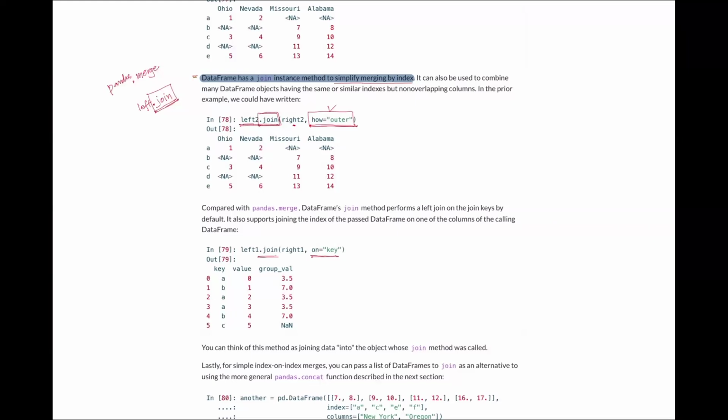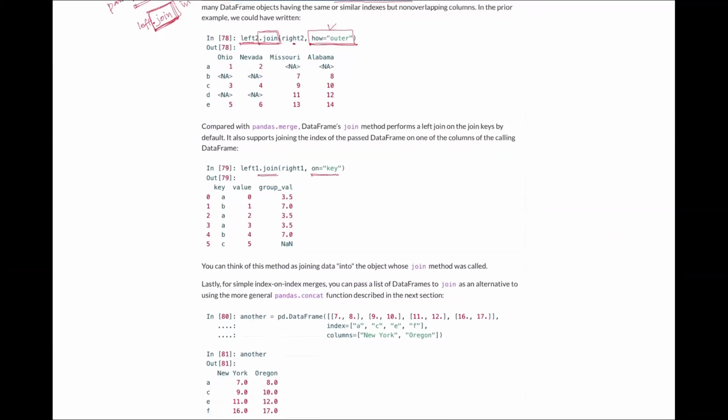So in this case, we can use merge to join the tables, but the join method in Python can also be useful when you think about how to combine both tables into one big table.